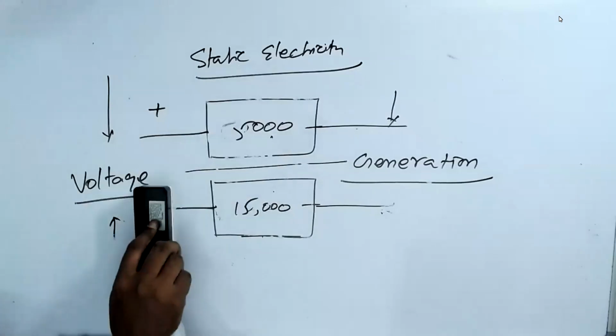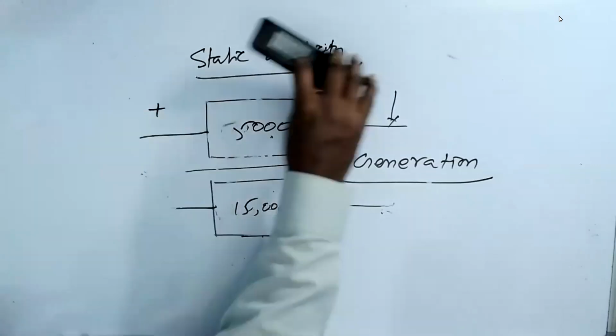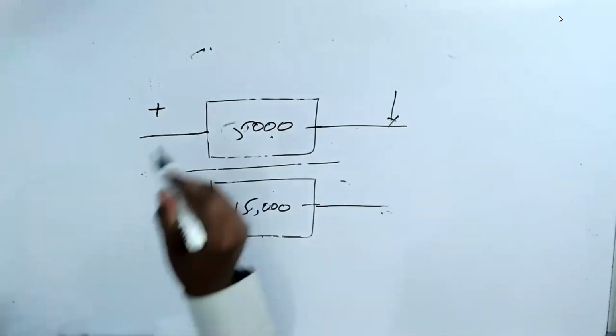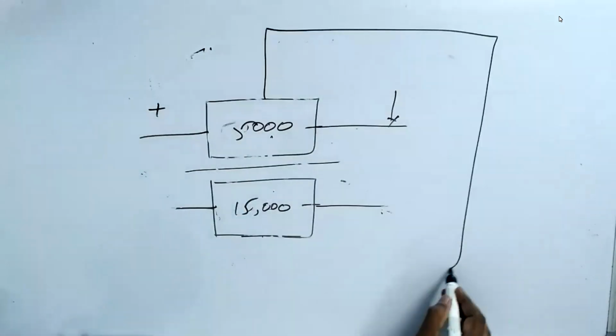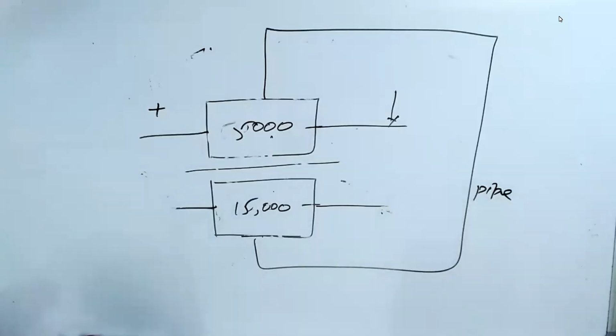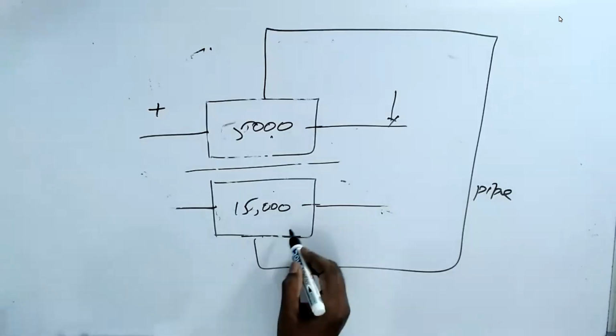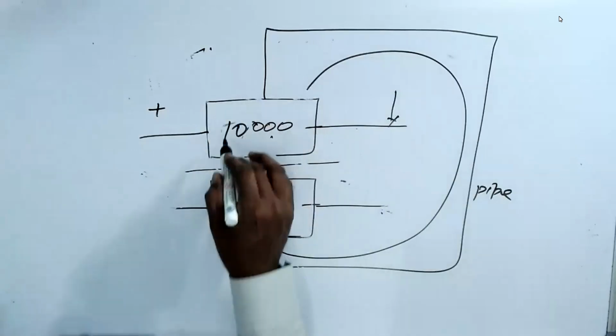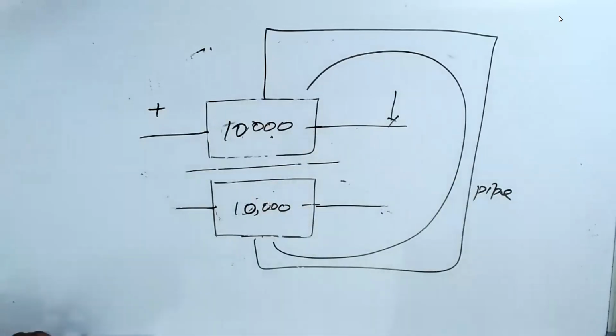But when they connected both of these materials with a conductive pipe, meaning electrons can flow through it, these electrons have gone there. This became 10,000, this became 10,000. Simple.